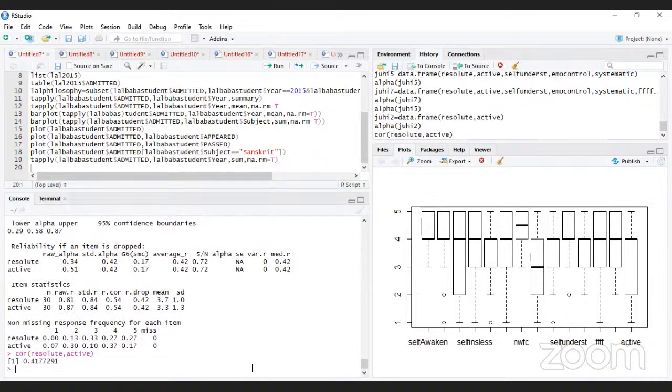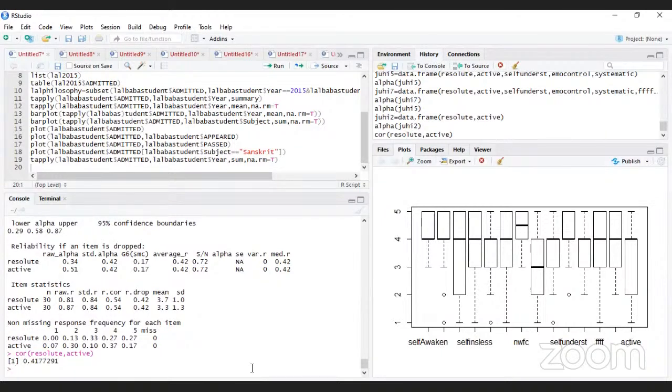So I find the correlation is 0.42. Okay. So inter-item correlation is 0.42. Is it clear?